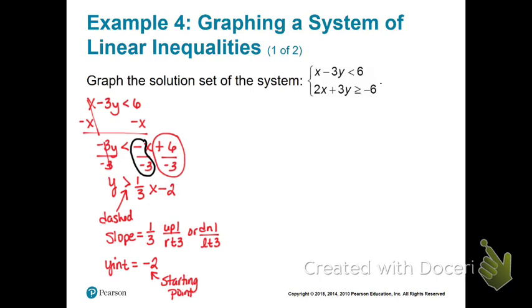Alright, so now you can use the next slide if you want to. I'm going to go ahead and graph this one. When we graph these, we put them on the same coordinate plane, okay?